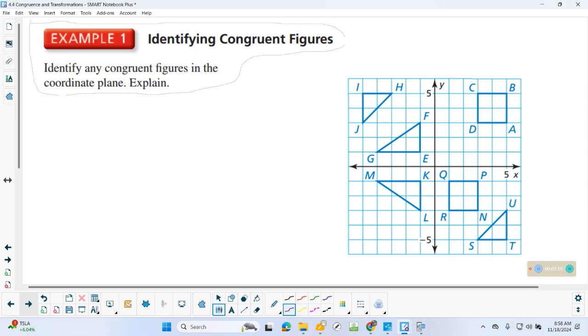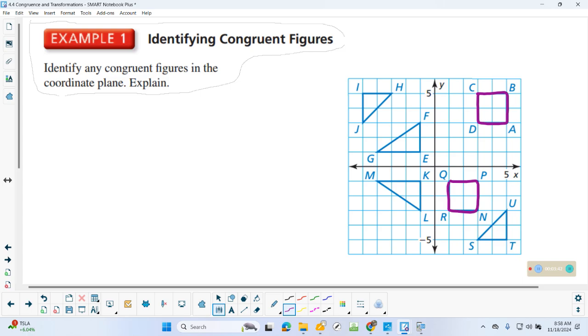So, identify congruent figures in the coordinate plane. Okay, all right. Well, there's several pairs of them. I would start with the easiest one, meaning I like the square. So, I'm going to start with that. Can you find the congruent figure to it? Find the other square, right? So, I'm just going to name these. Nothing fancy here.